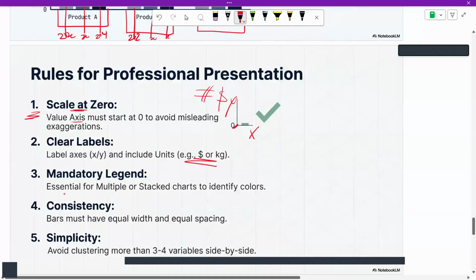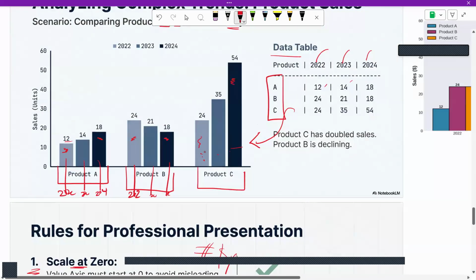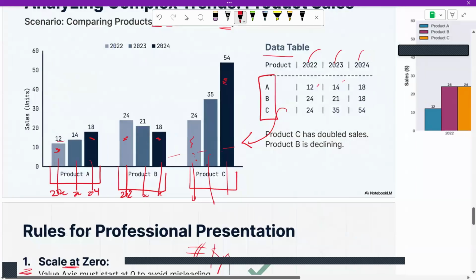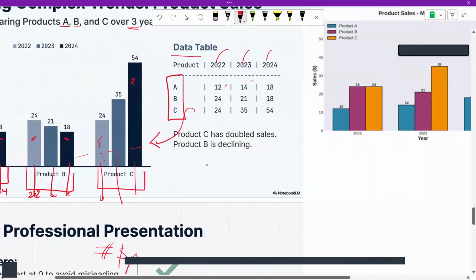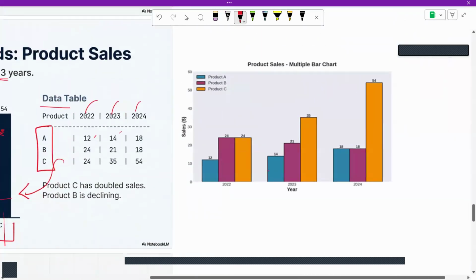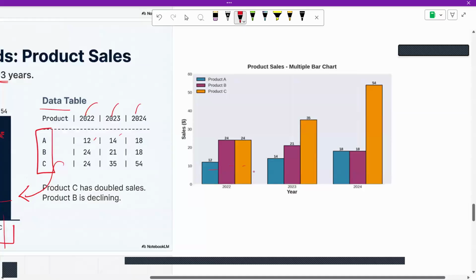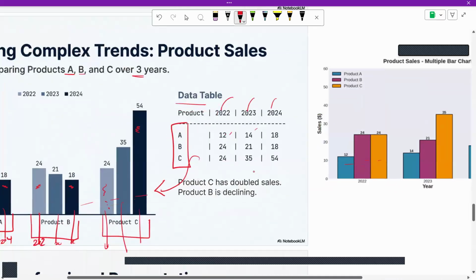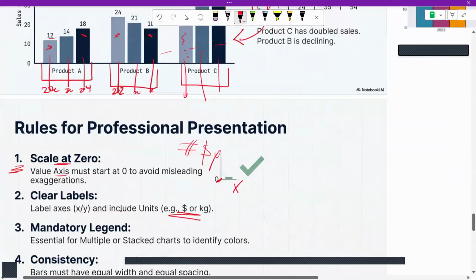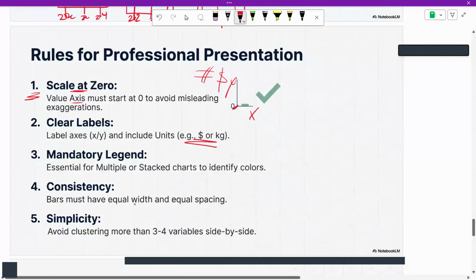Mandatory legend. Essential for multiple or stack charts to identify colors. Here you are using different colors. Either you have to write it here, otherwise you have to very clearly differentiate like this, right? And consistency. Bars must have equal width and equal spacing.